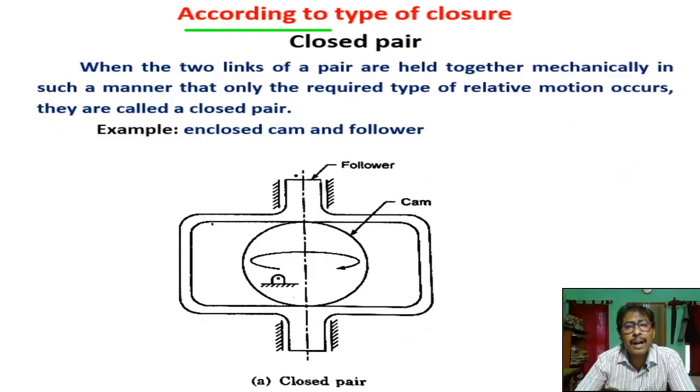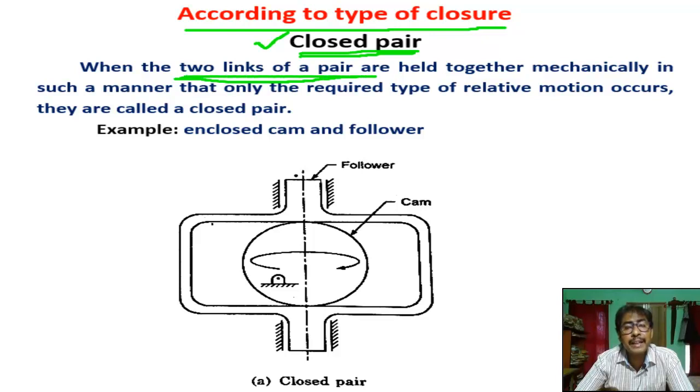Now, classification according to the type of closure, or end condition. Number 1, closed pair. What is a closed pair?